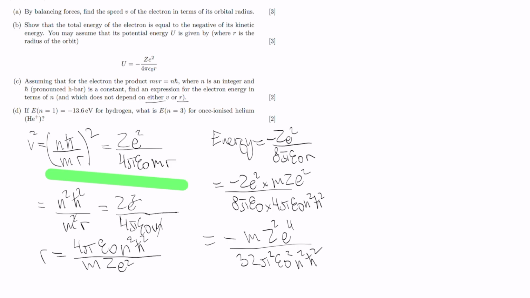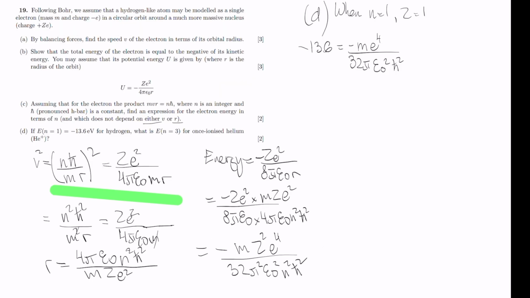Okay, part D. So if n is equal to 1, which is equal to minus 13.6 electron volts for hydrogen, what is n equal to 3 for once ionized helium? So when n is equal to 1 and Z is equal to 1, and that's the case for hydrogen, we're going to have minus 13.6 electron volts be equal to this expression over here.